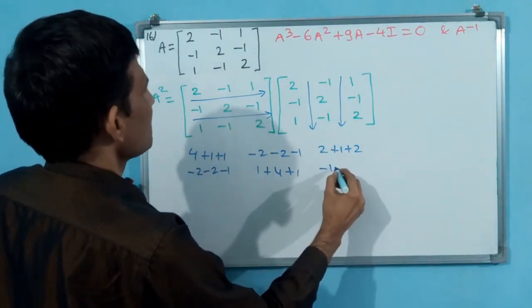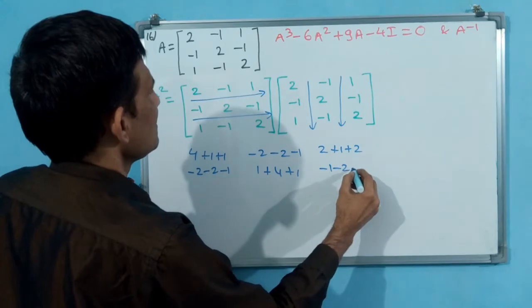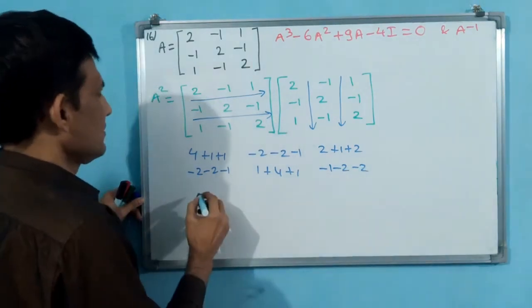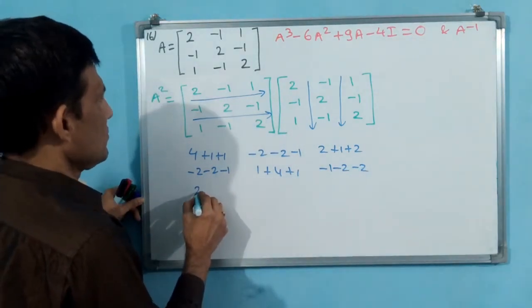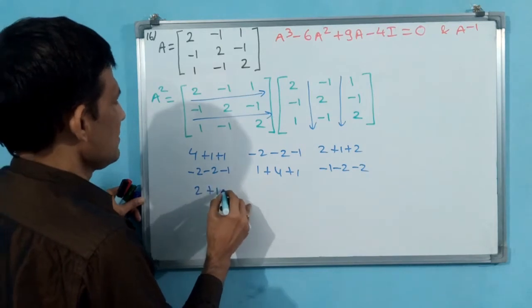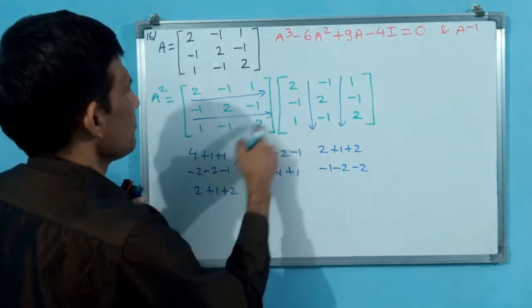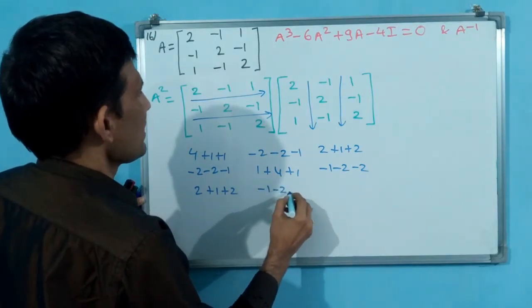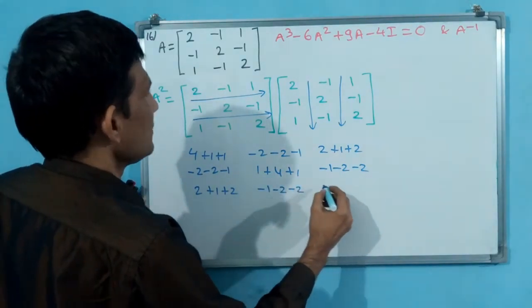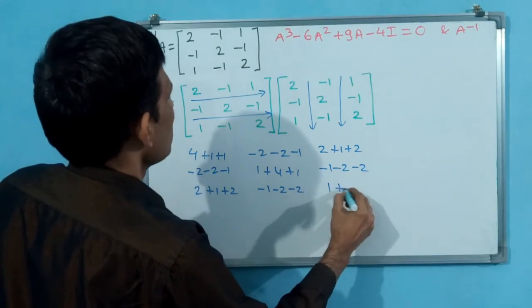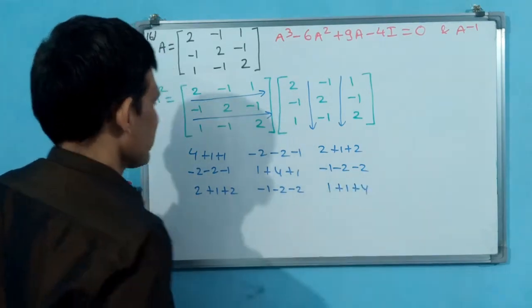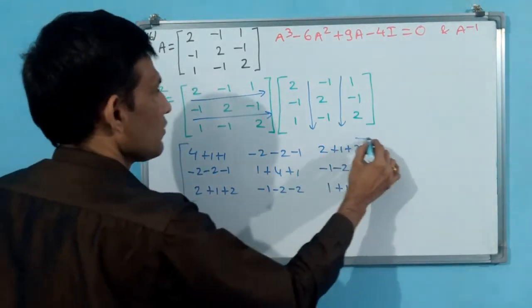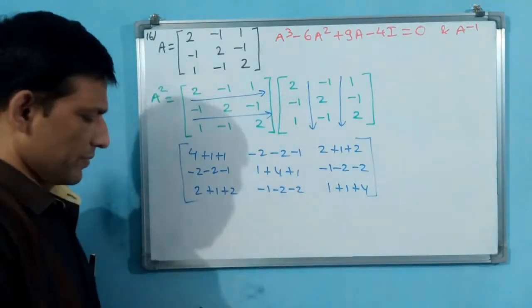Minus 1 minus 2 minus 2. 2 plus 1 plus 2. Now minus 1 minus 2 minus 2. Now plus 1 plus 1 plus 4. Now see, this is A square.